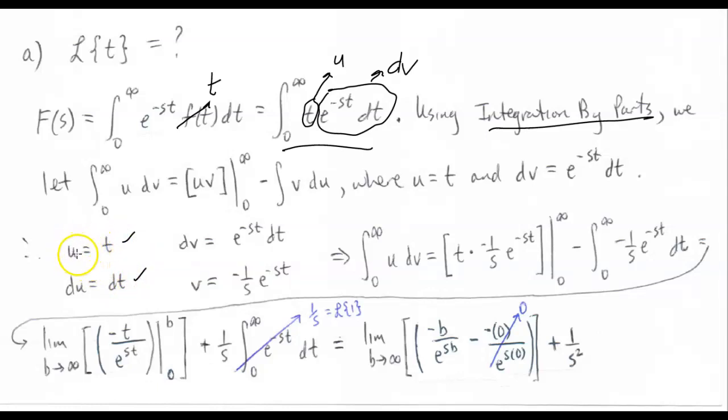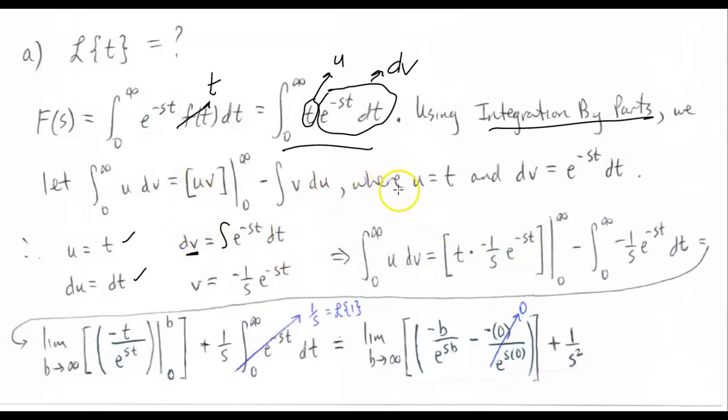The derivative of u would be, in this case, 1 times dt. Since I have dv here, if I took the antiderivative of e raised to the minus st, it's just going to be negative 1 over s times e raised to the minus st.